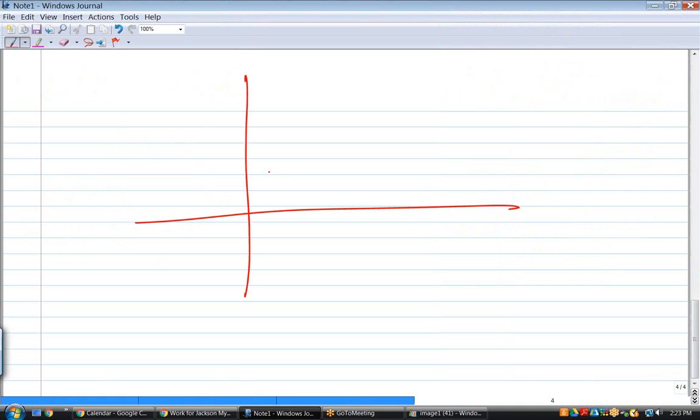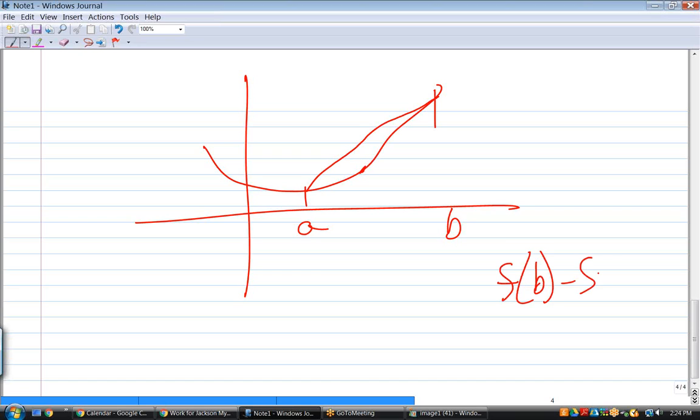It means that if I have a function and I can figure out an average rate of change between 2 points, let's call them A and B, there has to be a point C that has the same first derivative as the average rate of change. The average rate of change is f of b minus f of a, that's the rise, over the run, b minus a.